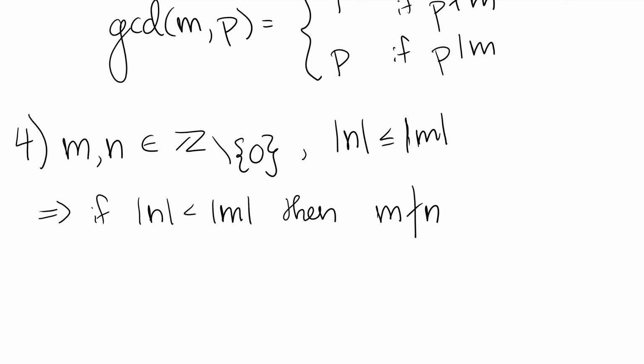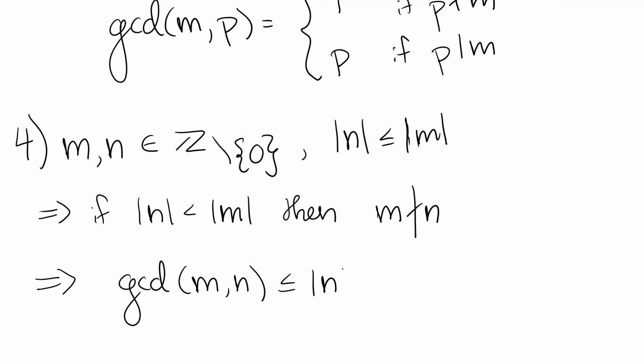So something that we could think about here is then the GCD of m and n has to be less than or equal to the absolute value of n, because it's the smaller one, or maybe it is the same. So if m equals n, or if their absolute values equal each other, then it will just be the absolute value of n. It'll be equal to that.